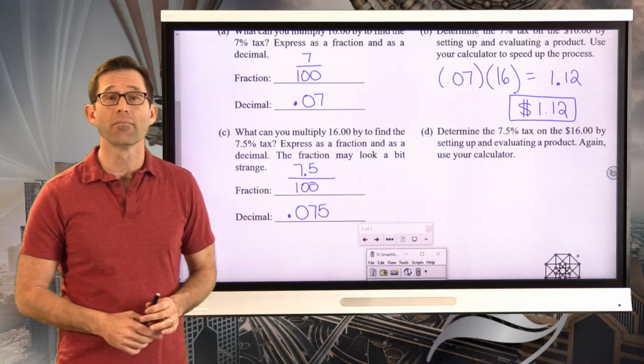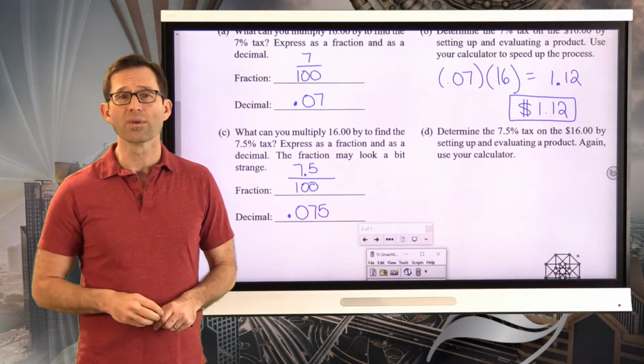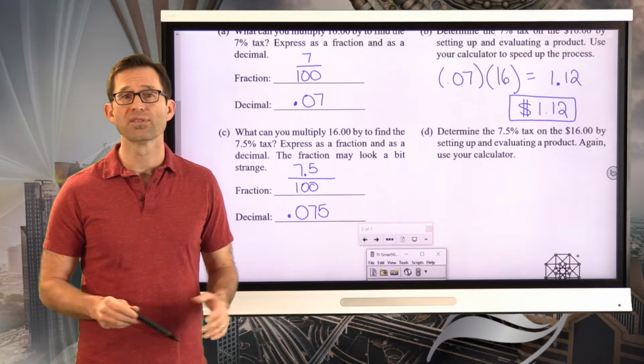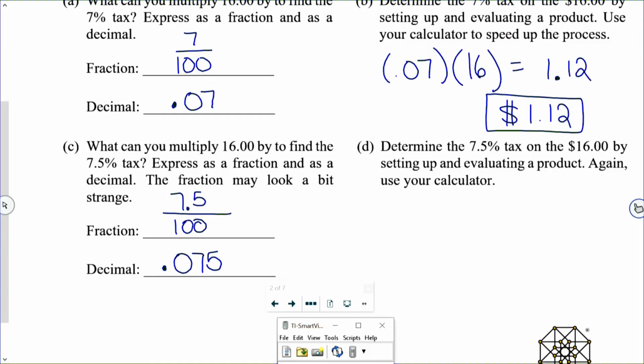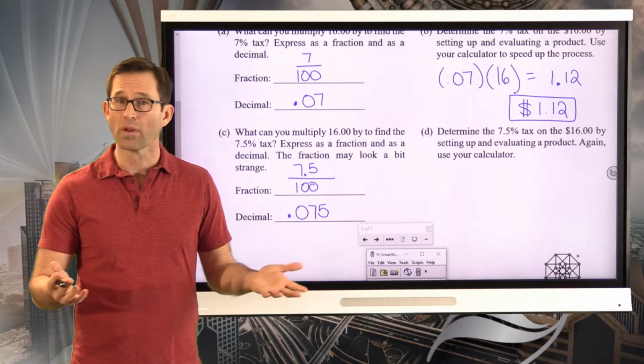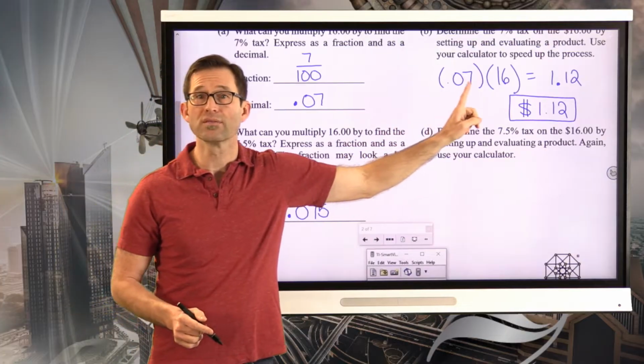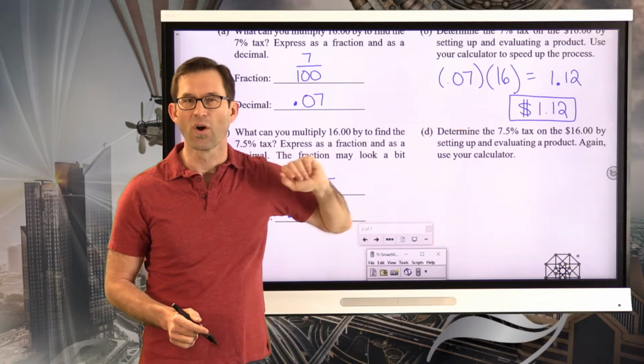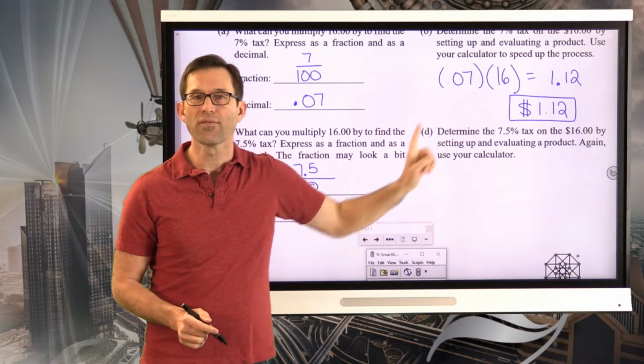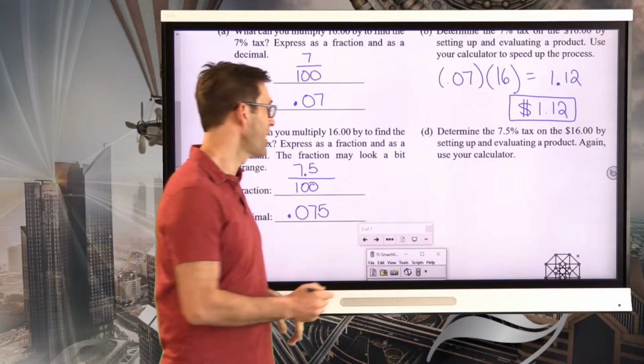So why don't you go ahead and pause the video now and figure out what 7.5% of 16 is. Okay, well let's do it. It's going to look exactly like this calculation, except instead of 0.07, it's going to be 0.075.